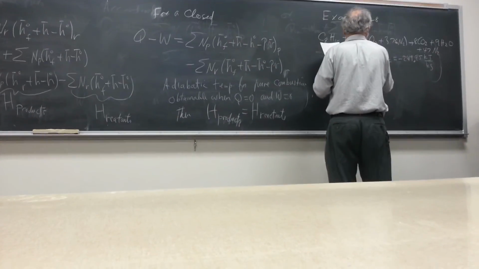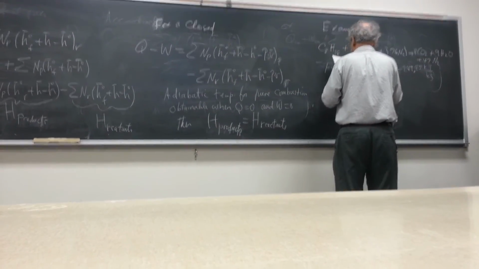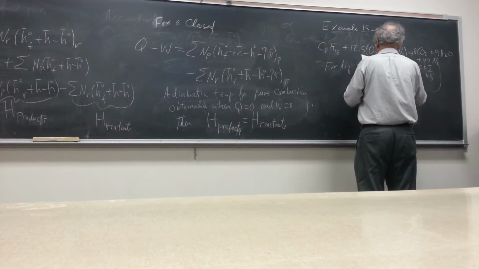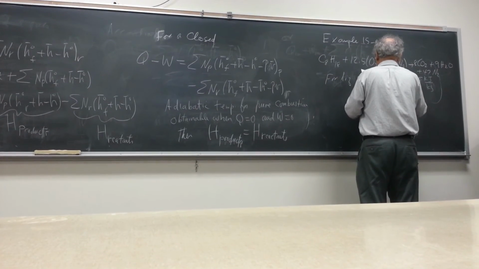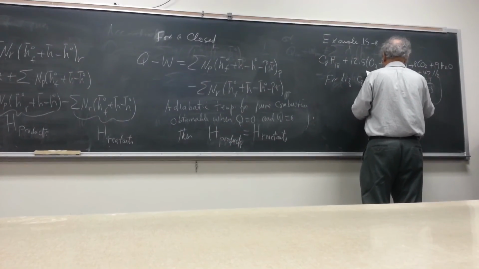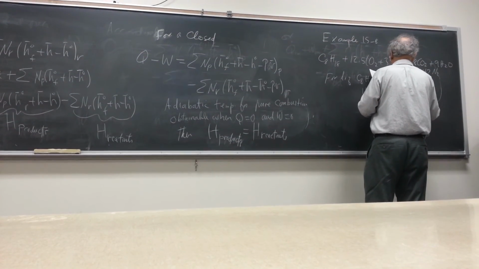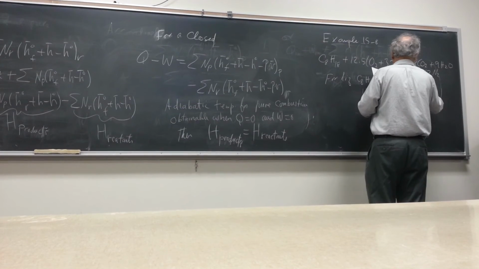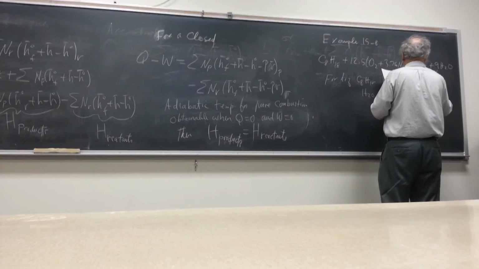For H2O, we get minus 241,820 kilojoules per kilomole.